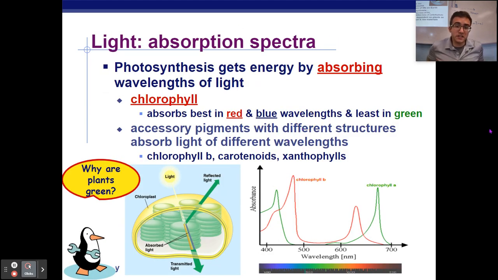Light is really good at exciting electrons, but we need something to absorb the wavelengths, because light exists as a wave.